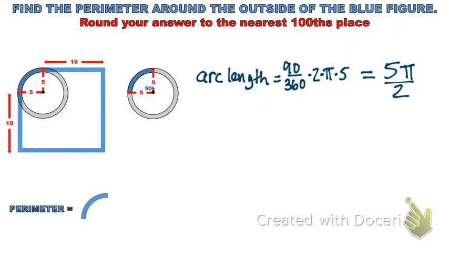And that is the perimeter of that circle, but not the whole entire circle, just the 90-degree arc that we care about. So for the first part of our perimeter, we know that our arc is 5 pi over 2. And I know that you would rather write down a decimal or a whole number, but remember that pi symbol is saving you from writing down many, many, many digits. So you have to learn to like that.